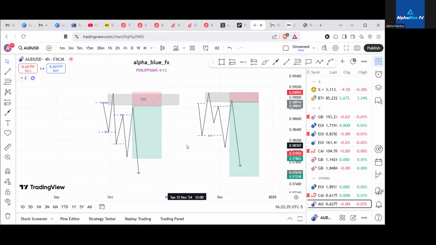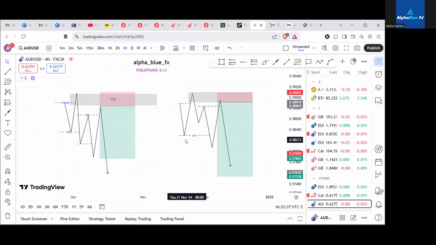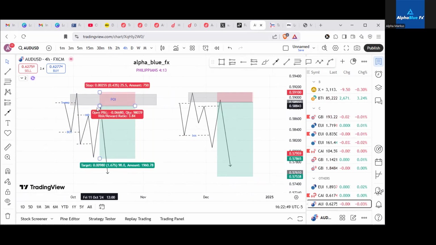So before I enter any trade using this model, one, I have to see that there was an obvious liquidity sweep. Two, a very clear break of structure. Three, there must be an inducement. If there's no inducement, I'm not entering any POI.